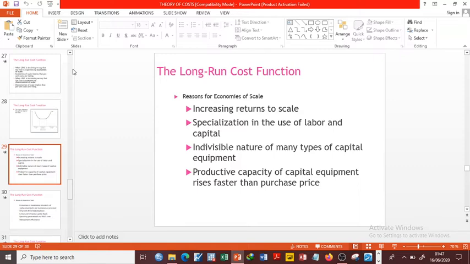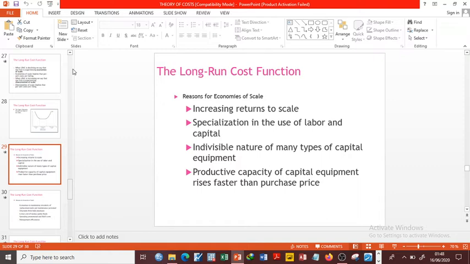And then the indivisible nature of many types of capital equipment. The indivisible nature means that this capital equipment has more than one use, multiple uses. For example, if you have a machine that can print, copy, and scan, it means it is doing three different jobs or functions.